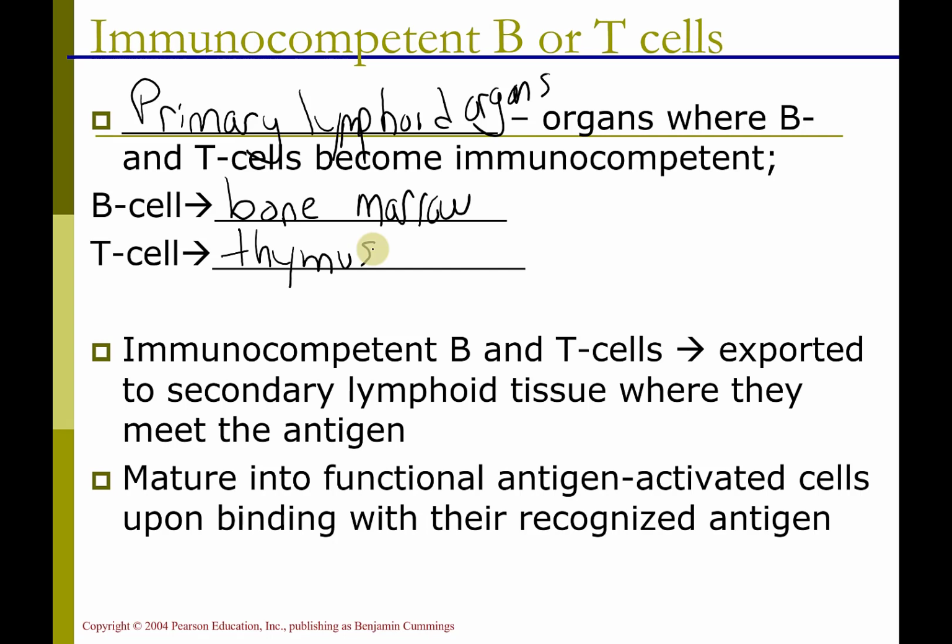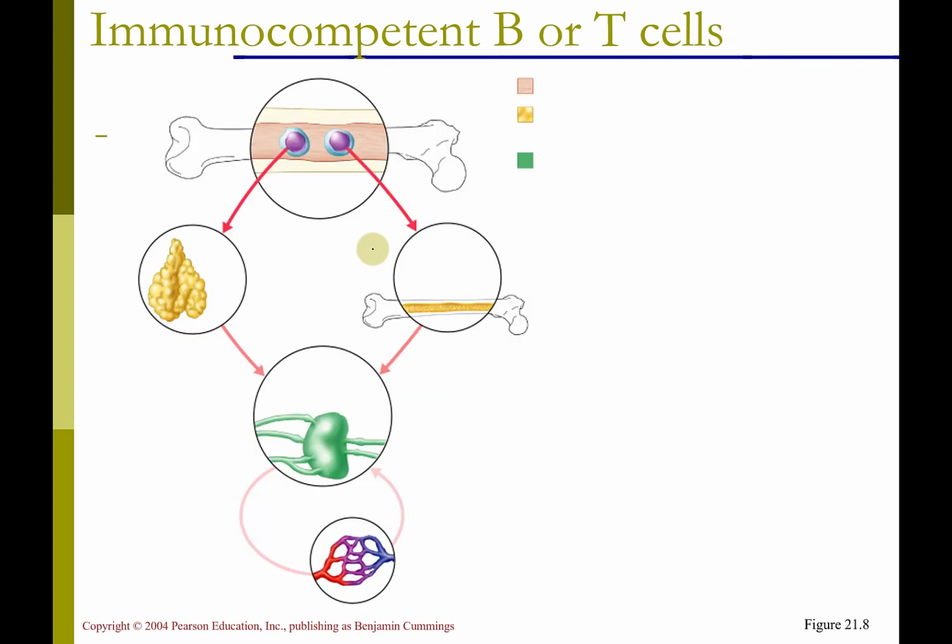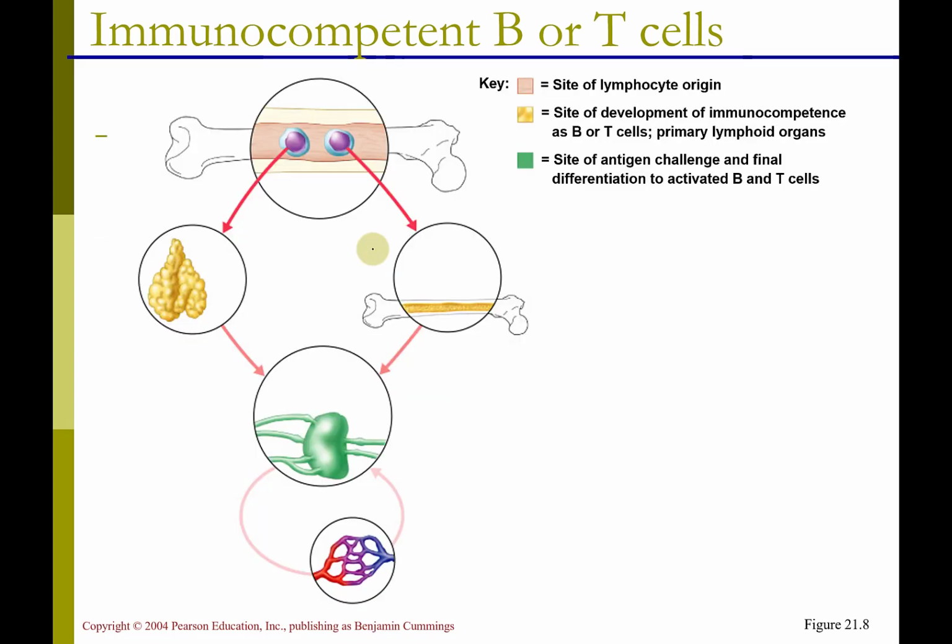Let's take a look at this next slide that might help a little bit. Here we have the lymphocytes in the bone marrow. Can you guess what bone this is supposed to be? If you guessed femur, you're correct. Remember, in the bone marrow, in this case shown in the medullary cavity, is where all white blood cells and red blood cells are formed.